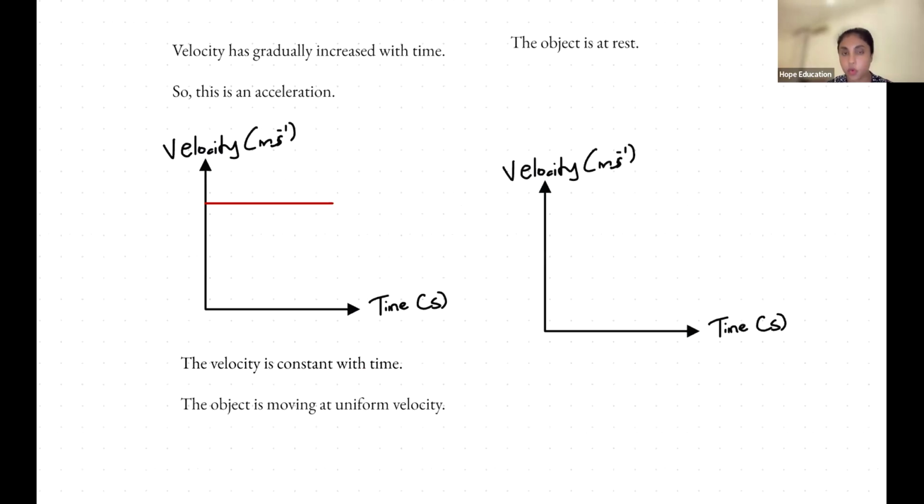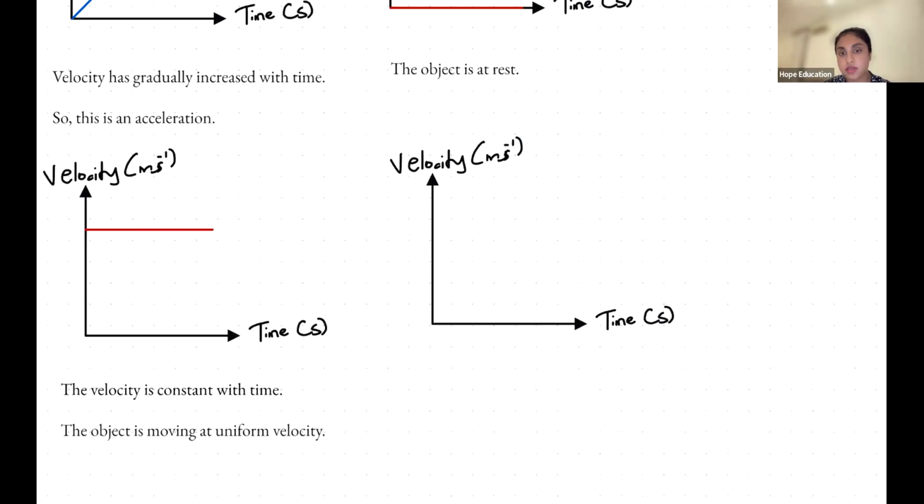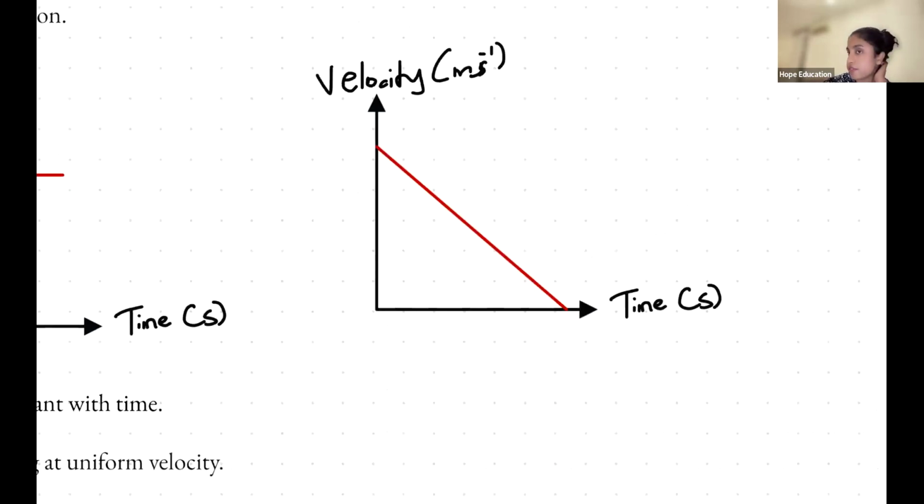All right. Okay. What if I draw a graph like this? What is happening to this graph? Yes. Others?